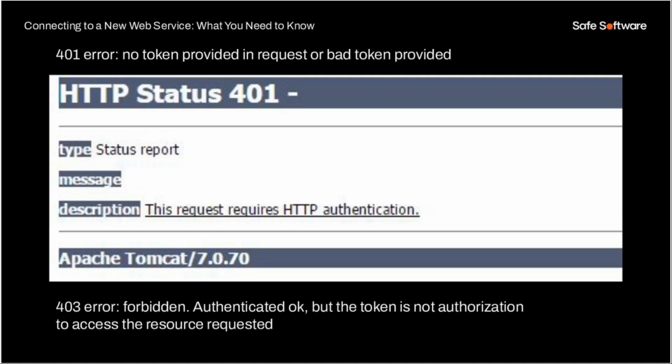Some of the errors you might see when you start working with web services, or even beforehand, regarding authentication and authorization are 401 errors. So this would be commonly no token provided in the request, or maybe a bad token was provided. You'll also see 403 errors. These are related to authorization. This means you're forbidden to access the resource. So you've authenticated okay, but the token's not authorized to access the resource requested.